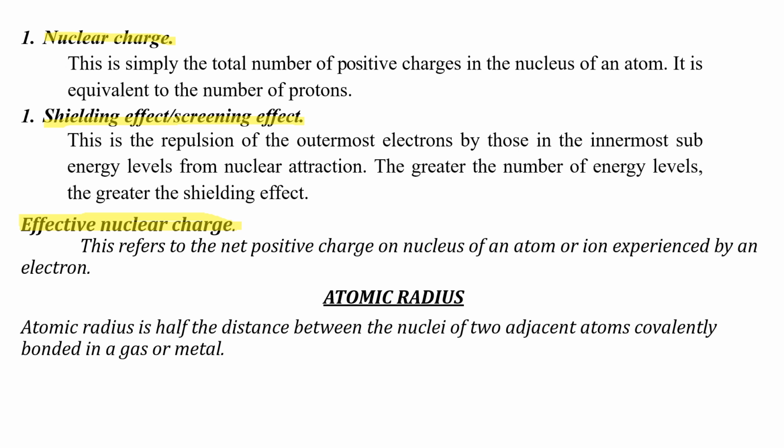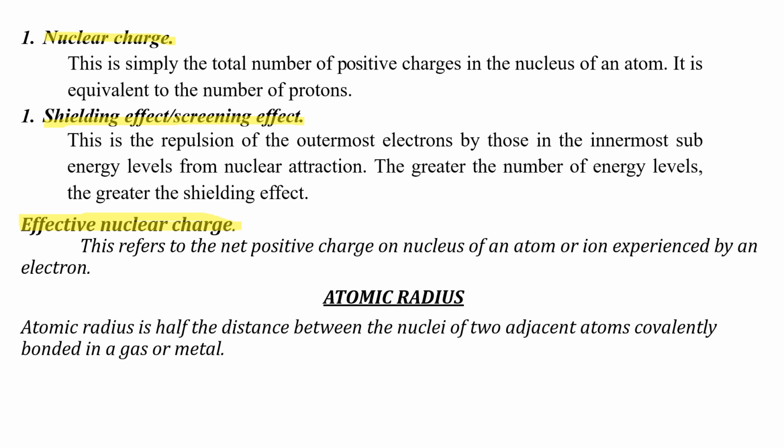Effective nuclear charge refers to the net positive charge on the nucleus of an atom or ion experienced by an electron. And we say that the impact of effective nuclear charge is exerted on the outermost electrons. If outermost electrons are strongly attracted to the nucleus, we shall experience a decrease in atomic radius.